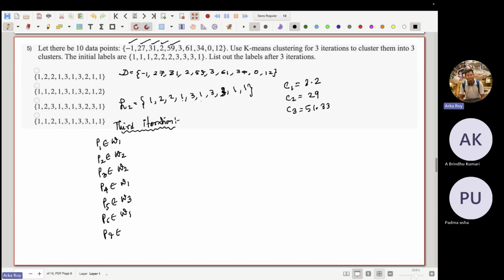P7 is 61, so 61 is near 29. Sorry, so it would be omega 2.